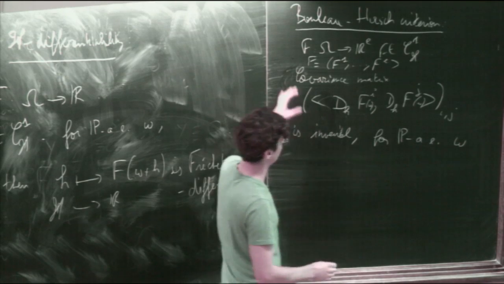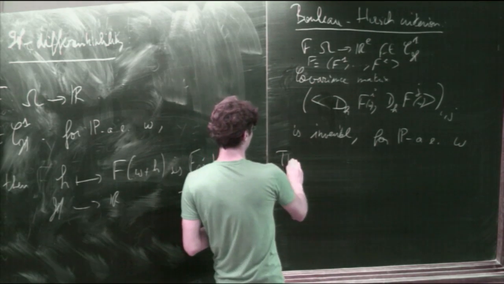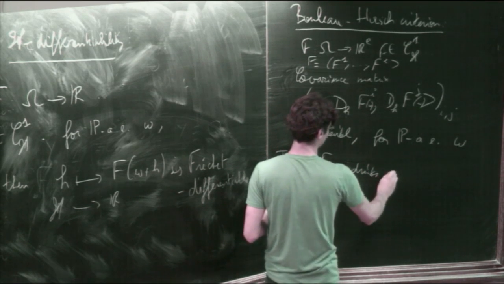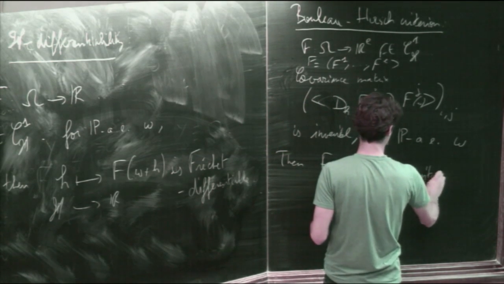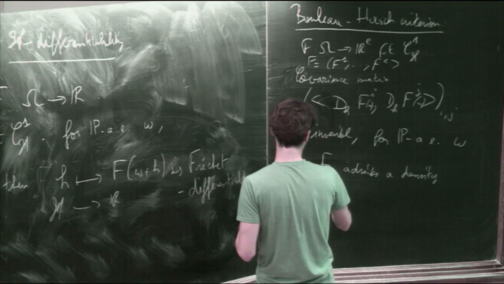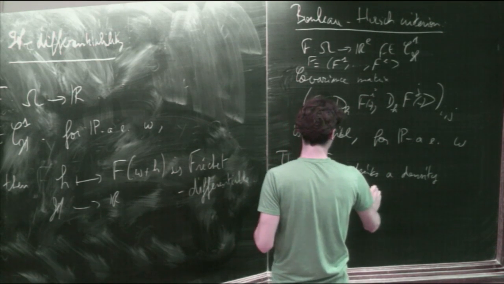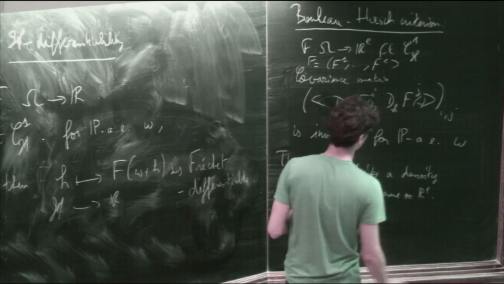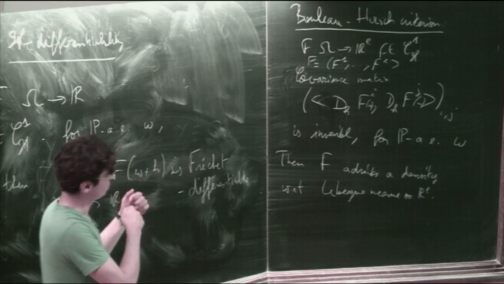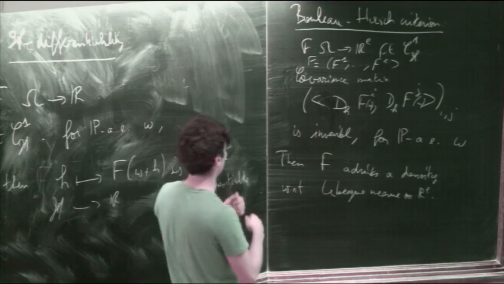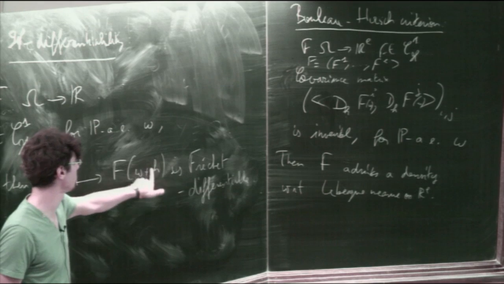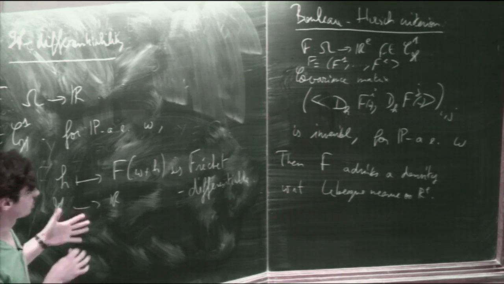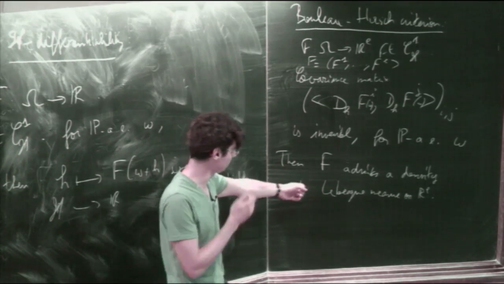Then the statement is that under this criterion, F admits a density with respect to Lebesgue measure on R^e. Basically this says that for every path, just by changing your path a little along some Cameron-Martin directions, you can always go in all directions, which suggests that you should have a density.